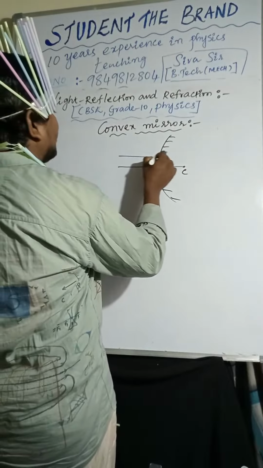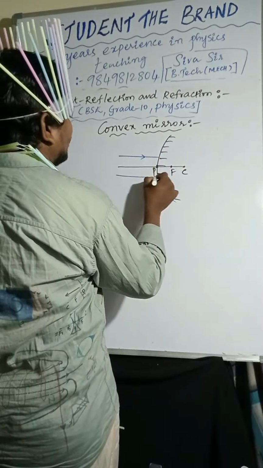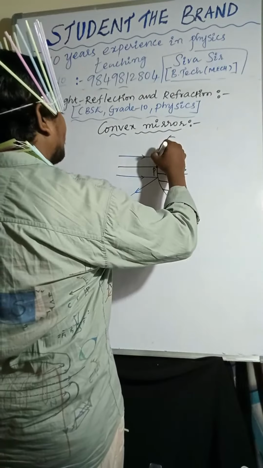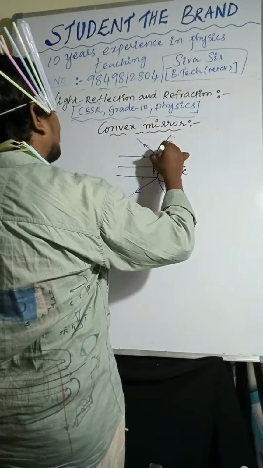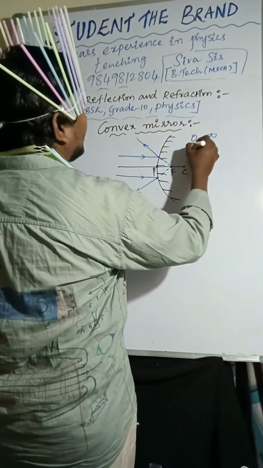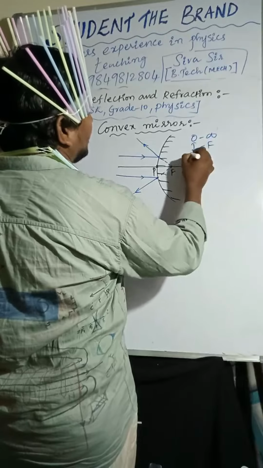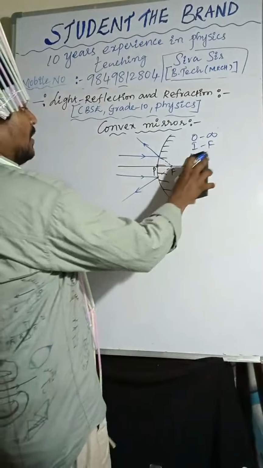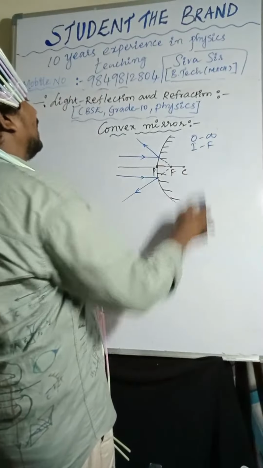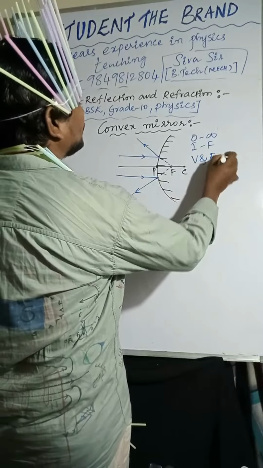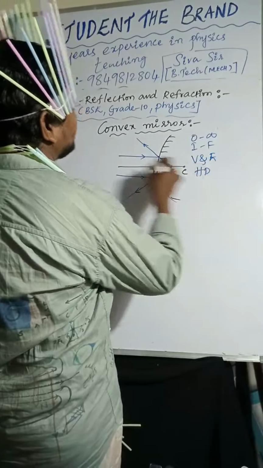One light ray I am taking like this. Another light ray. So object is at infinity. Image is forming at F. Nature of the image is virtual, erect, and highly diminished.